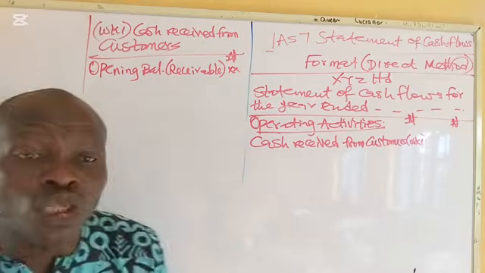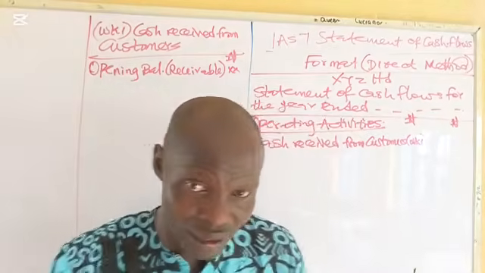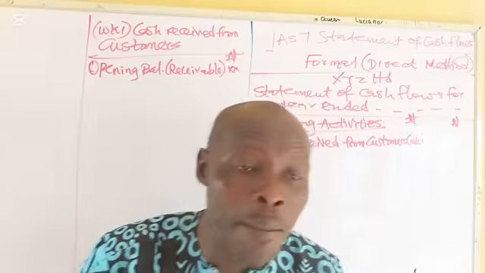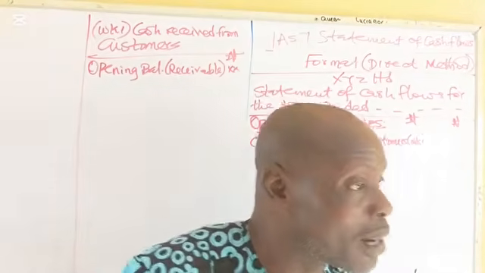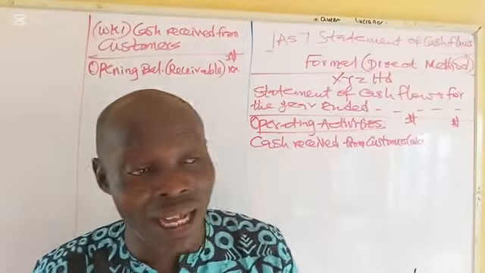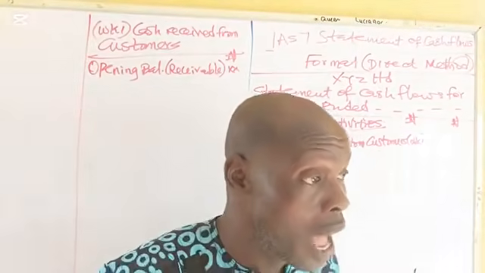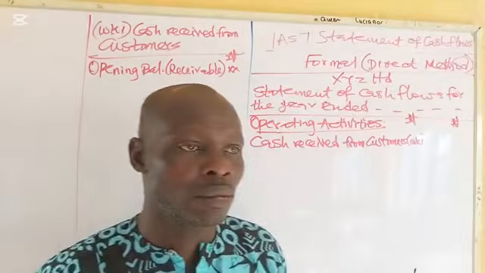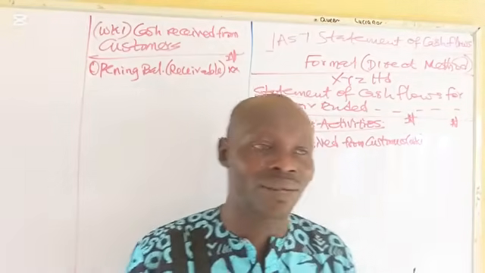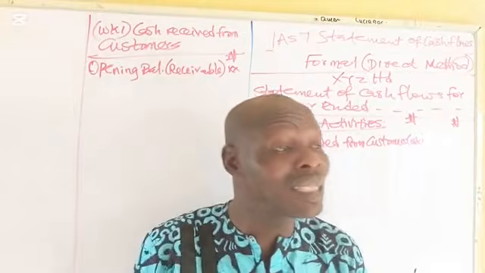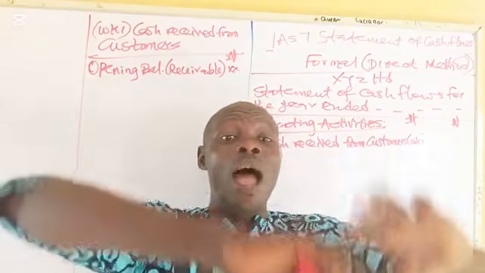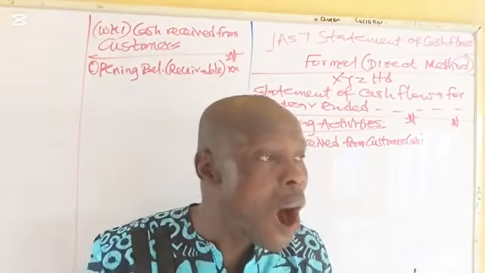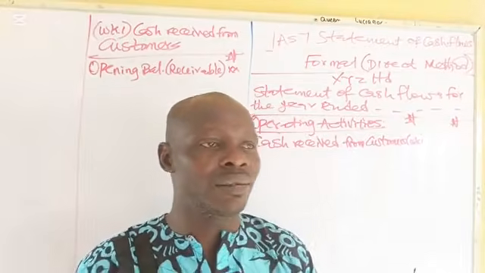We have one assumption in accounts. The assumption behind the preparation of statement of profit or loss is that all transactions are on credit. That is accruals. The accounting assumption is that everything is on credit.